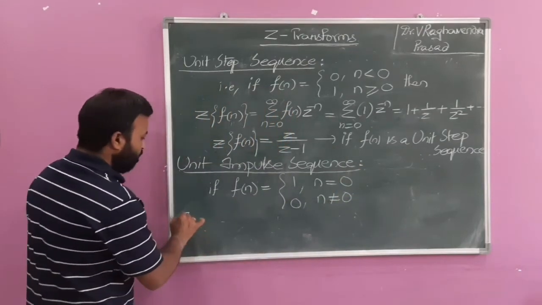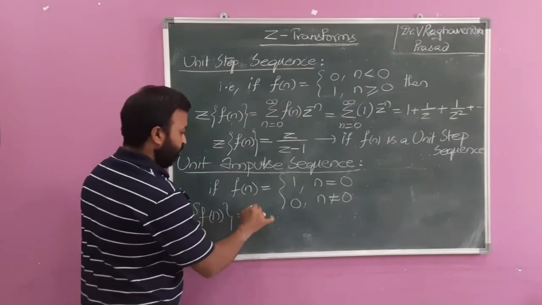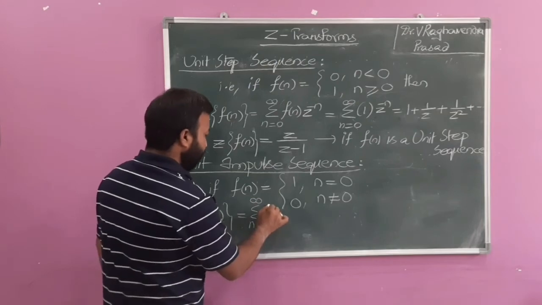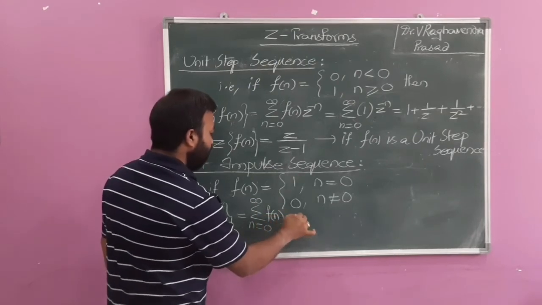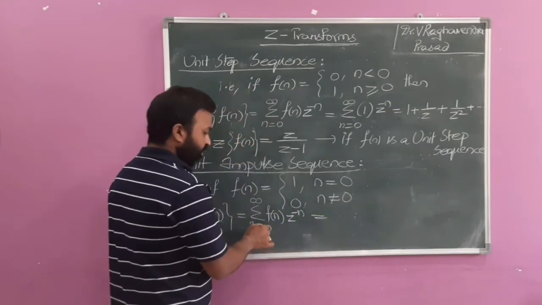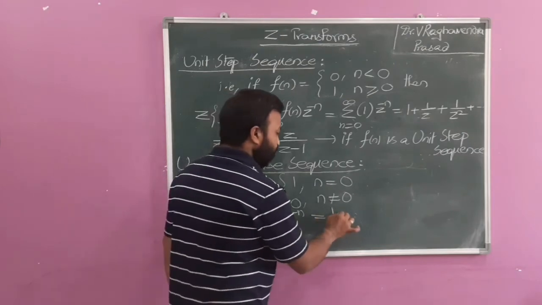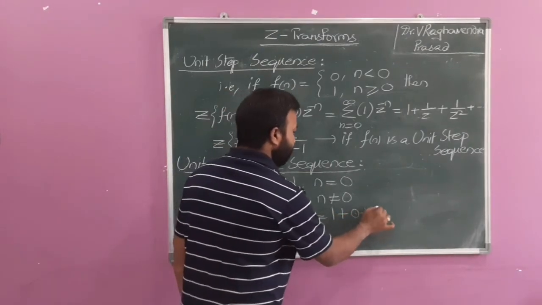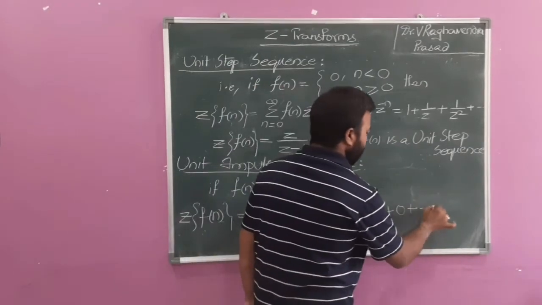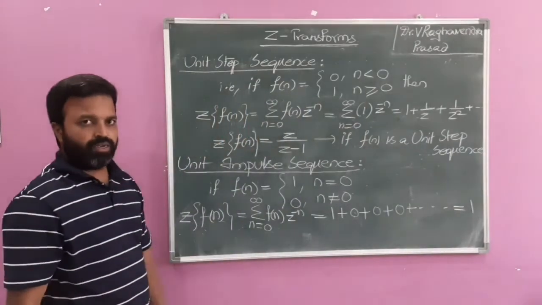Then the z transform of f of n equals sigma n equal to 0 to infinity f of n into z power minus n. On expanding the summation, for n equal to 0, f of n is 1. For other values it is 0. So we have 1 plus 0 plus 0 plus 0 plus and so on, that is equal to unity, 1.